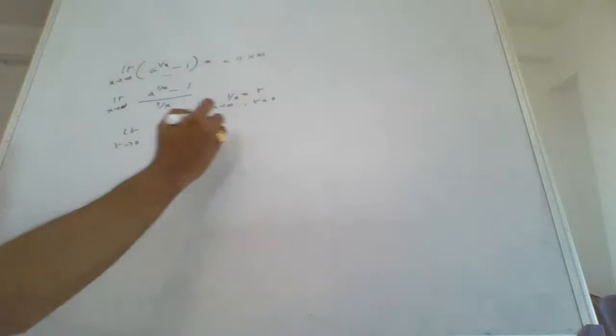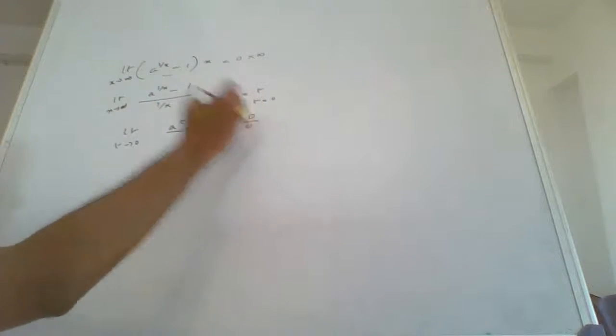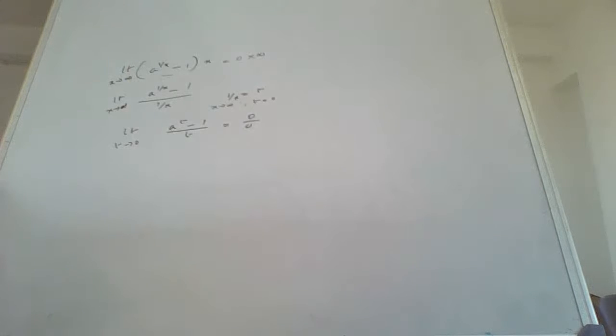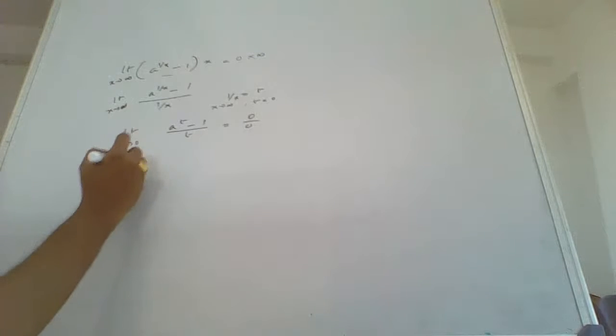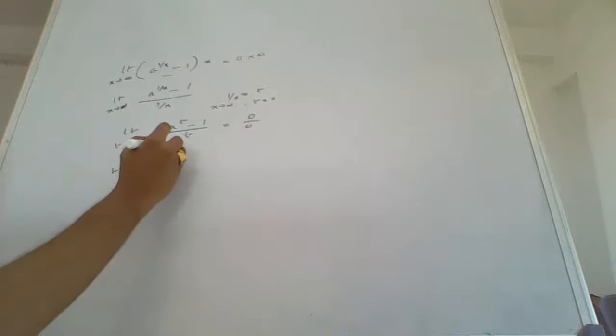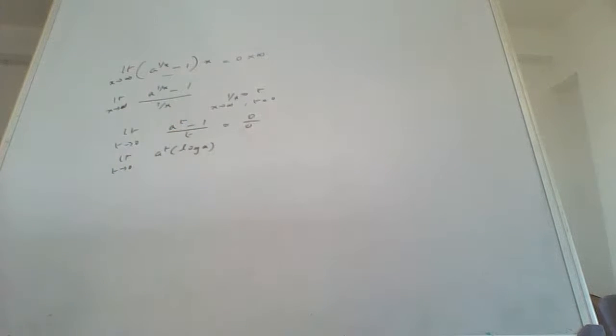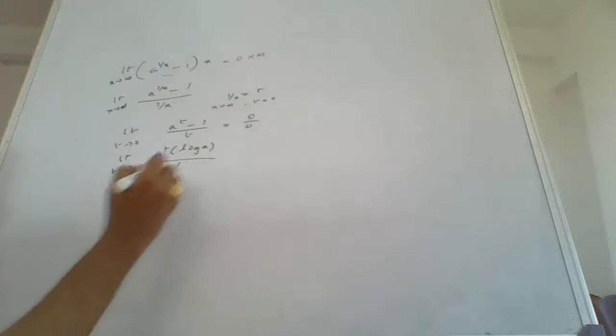Now if you notice this, this is 0 in the numerator as well as 0 in the denominator. I have formed it into 0 by 0. Again, by using L'Hopital rule, as limit t tends to 0, the numerator is a to the power of t times log a, and the differentiation of 1 is 0, and in the denominator I have only 1.